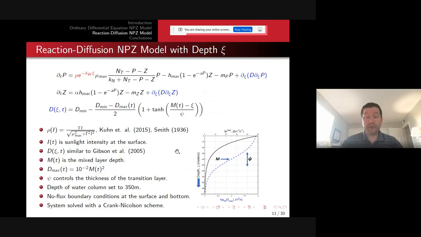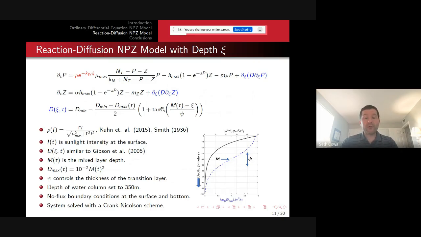Okay, the other augmentation we have done here is that we have added diffusion terms. Our diffusion coefficient is this function right here, and this is a very simplified version of something we found in a paper from Gibson.